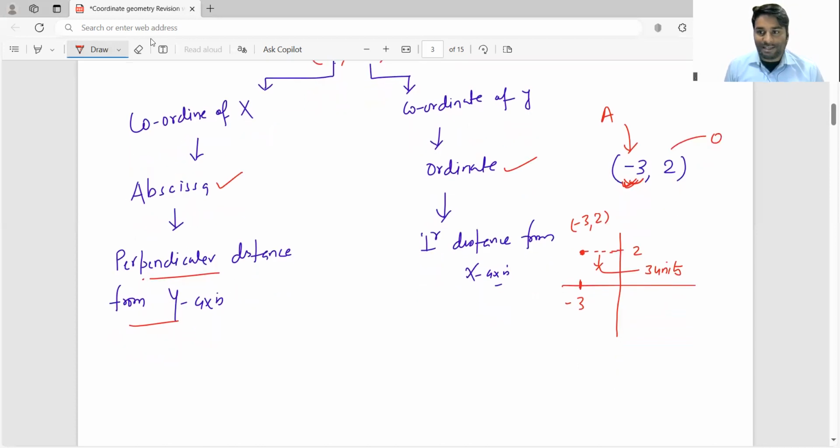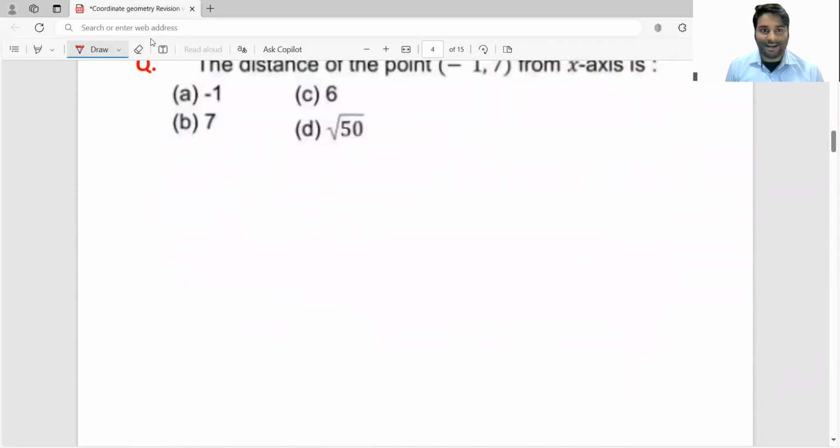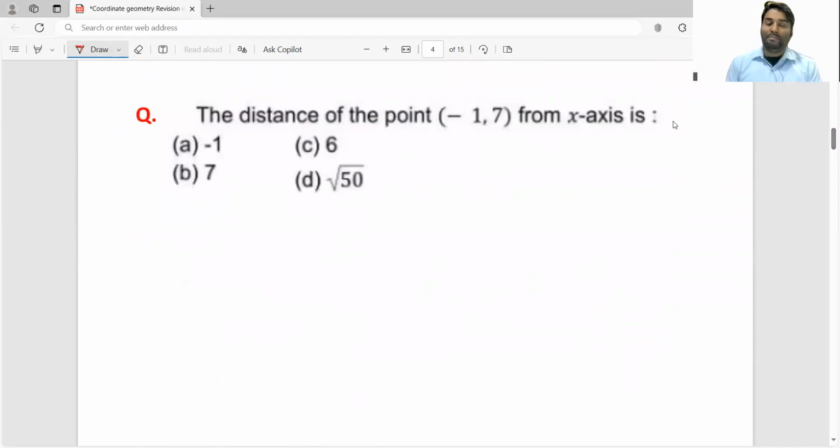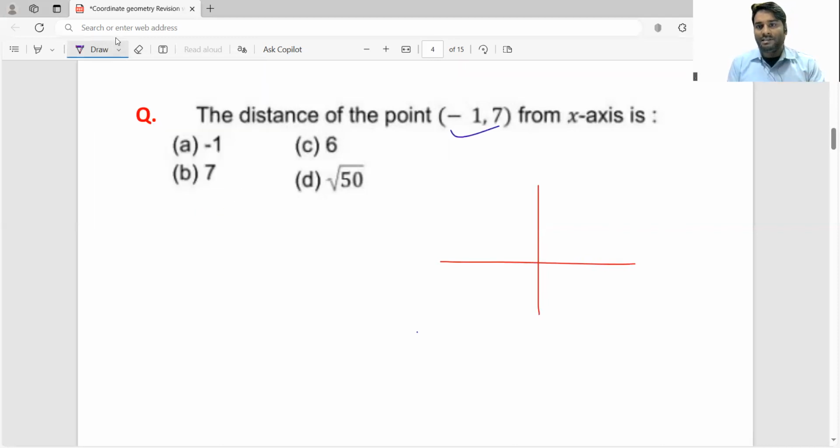Okay, now let's have a question that will make it more clear. We have the question: the distance of point -1 comma 7 from the x-axis, right? Right now I'm just going to tell you how you can solve this, but later on you'll just see the coordinate and give the answer, right? So -1 comma 7, obviously this point is -1 and 7.